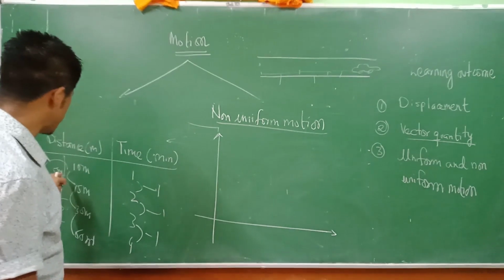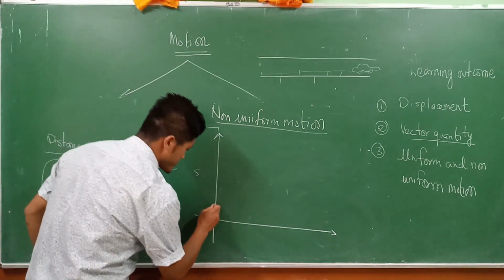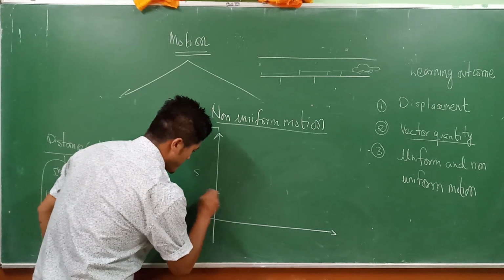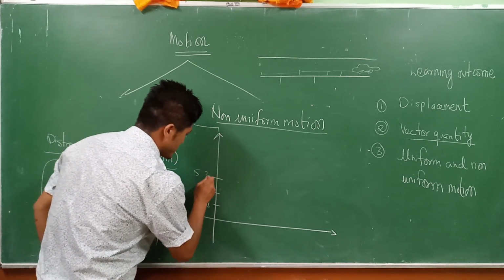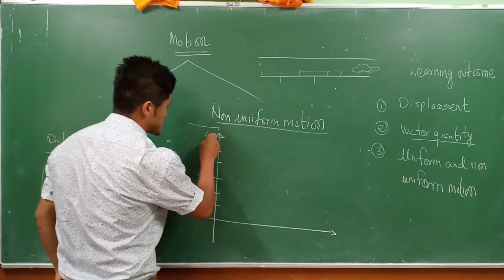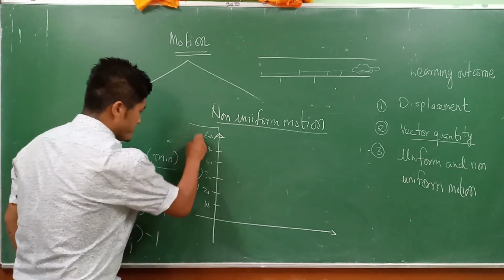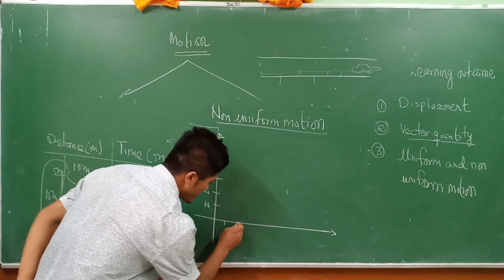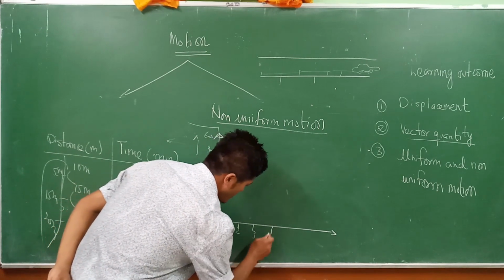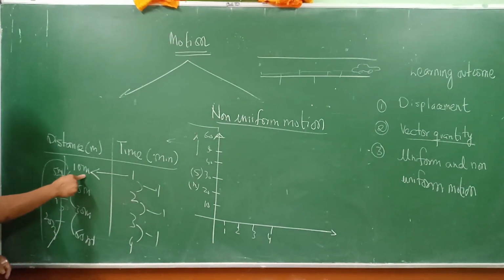Let's say this is distance. We are going to measure in 10, 20, 30, 40, 50, and let's say 60, and all of this should be in meter. And time is 1, 2, 3, and 4. So in 1 minute, this particular bike is traveling 10 meter.